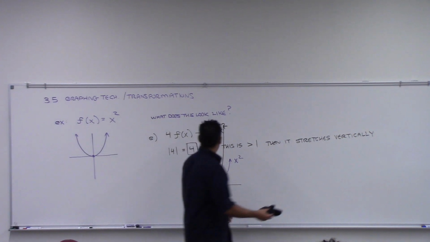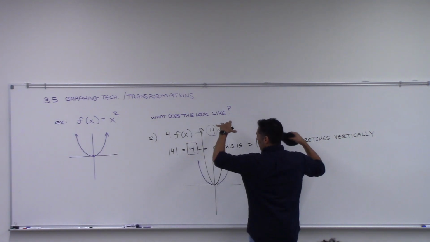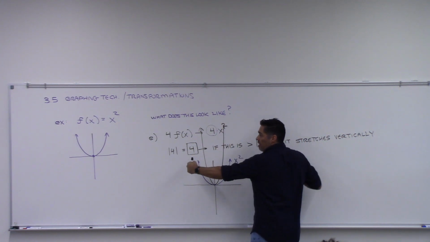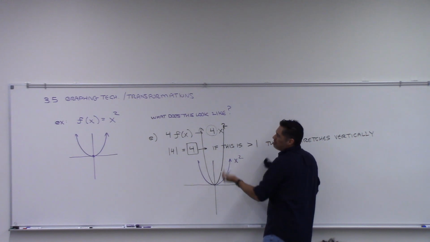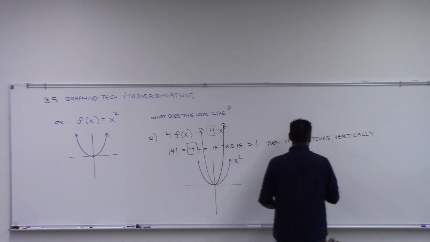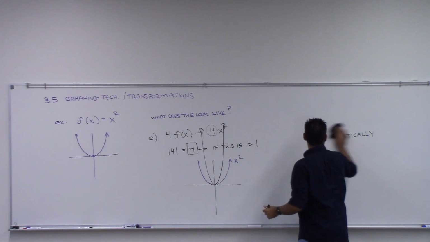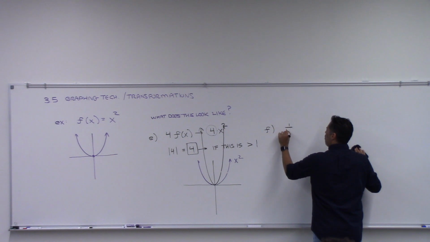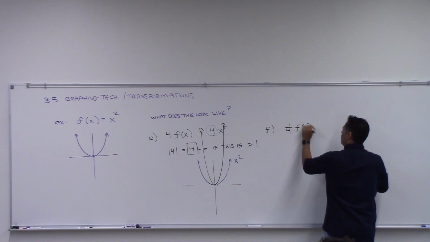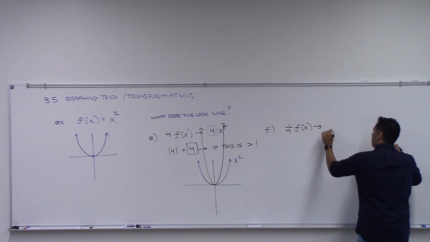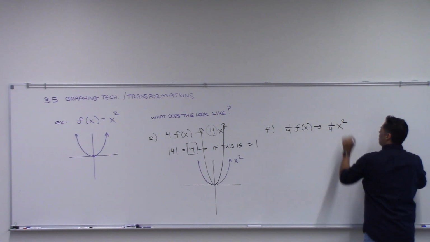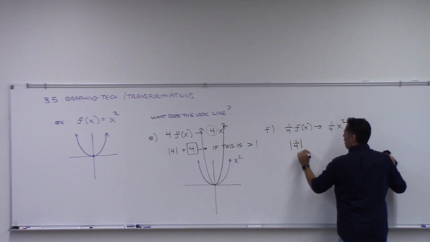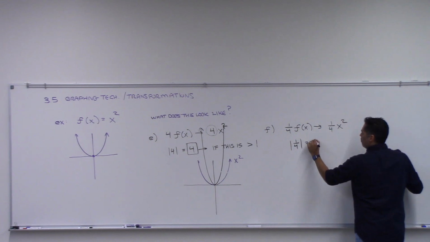Let's try that. It won't stretch it vertically. It'll actually stretch it horizontally. It'll go the other way. There's different ways you can say this, but I'm just going to say stretch horizontally. Okay, so let me give you an example. If I do, let's say, 1/4 times f of x, which in this problem would be 1/4 x squared, then I take the absolute value of 1/4, which is 1/4.